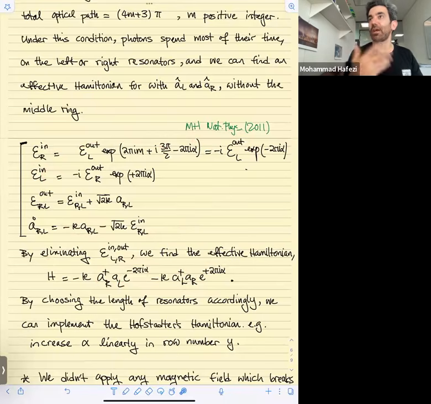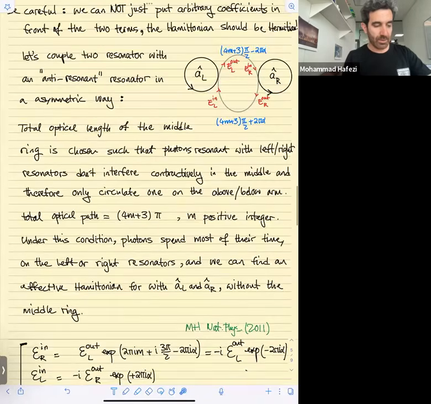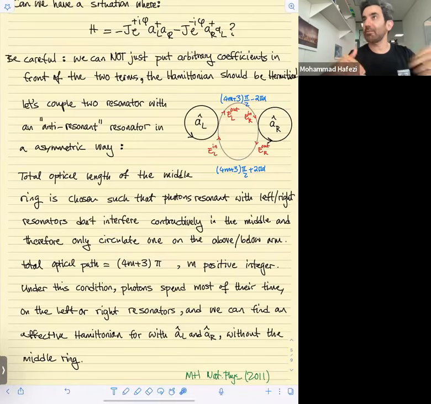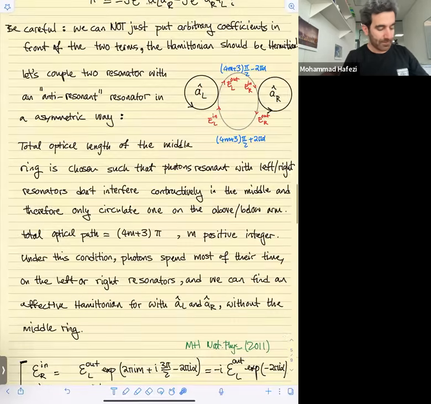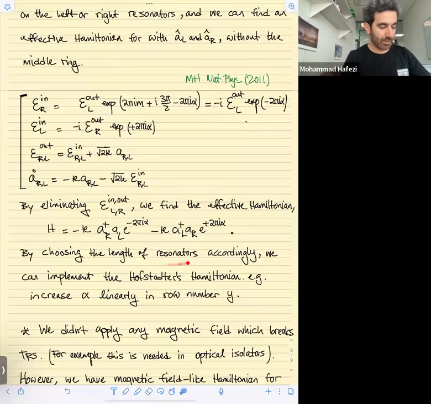I'm not interested in what happens to the E in and E out, because this one is basically off resonant. I'm not interested in the dynamics of the photon. I'm just interested in how the photon is hopping from this side to this side. And then that would be the effective Hamiltonian that I have for the system.